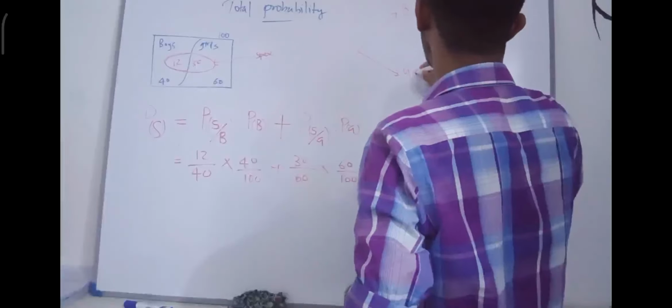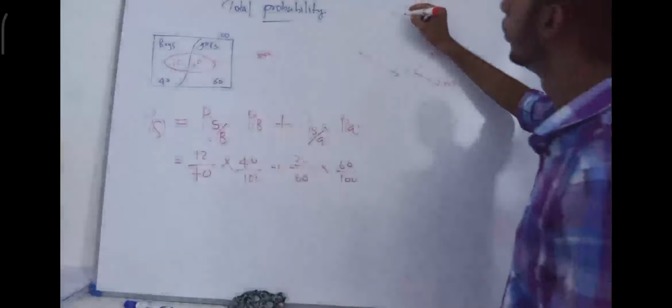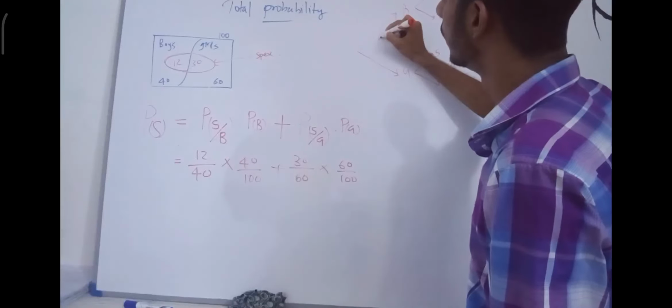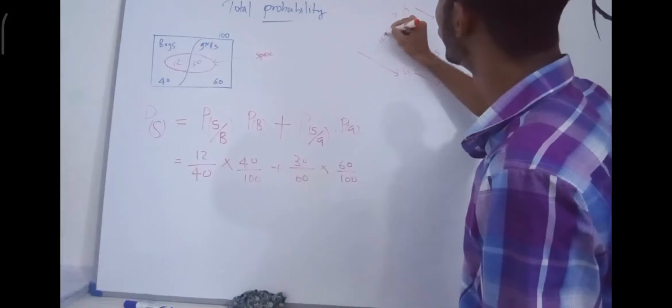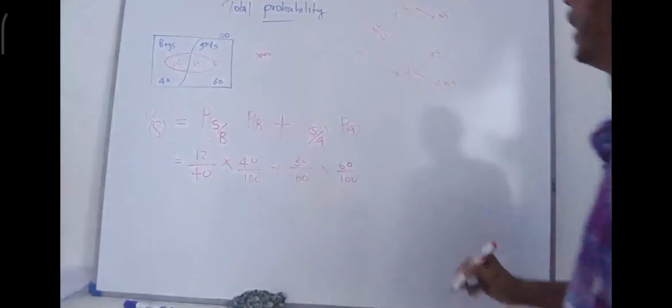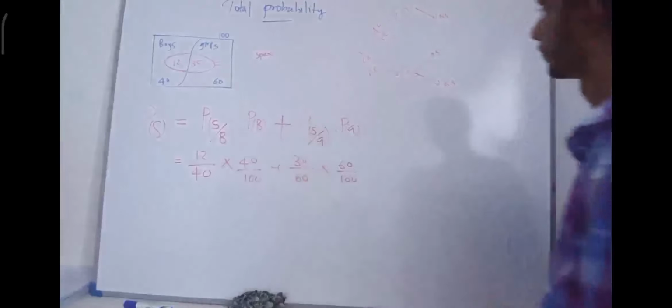Now, what is the probability of being a boy in the classroom? Out of the 100 students, we have 40 boys, and out of the 100 students we have 60 girls.